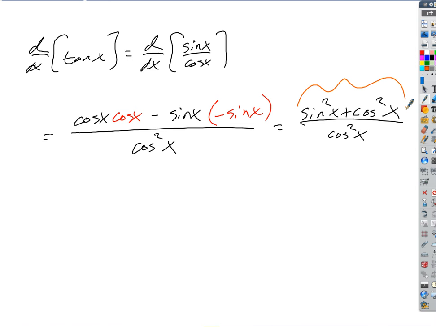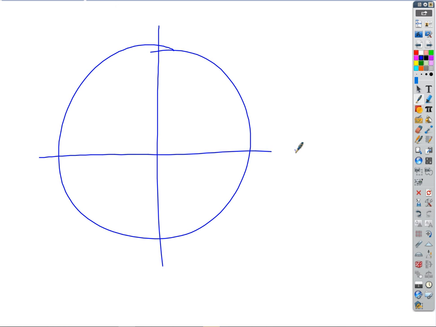Think about why that is. I'll just do a quick reminder. Think unit circle. I'm such a big proponent of really knowing the unit circle well. If I take a random angle, call it x, what are the coordinates of that point?